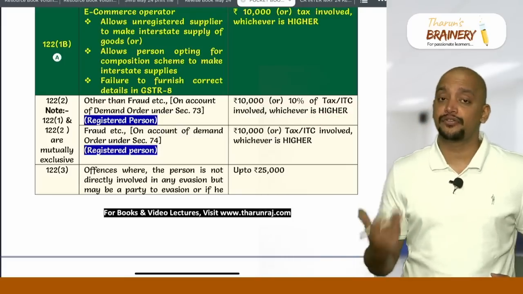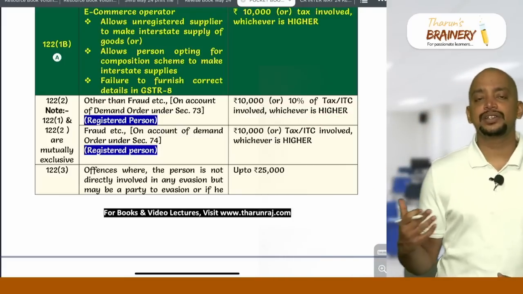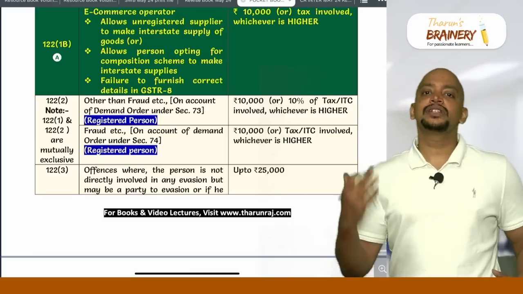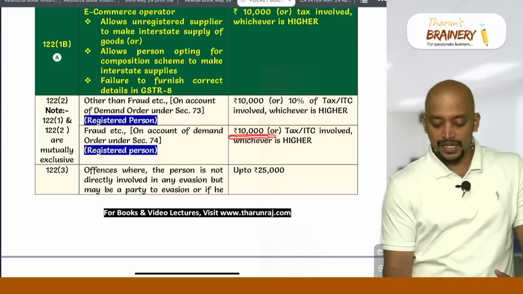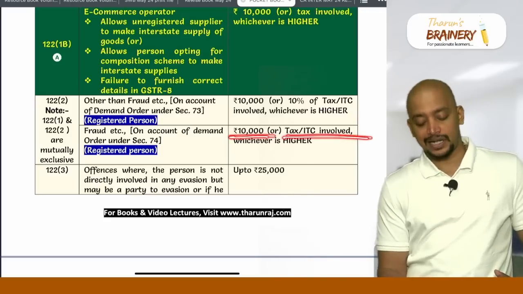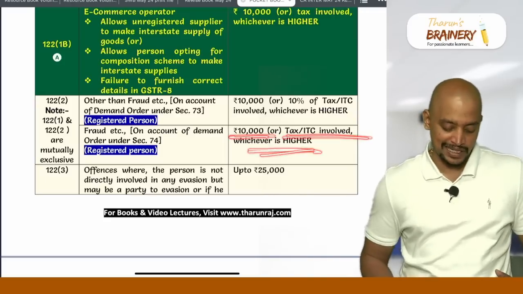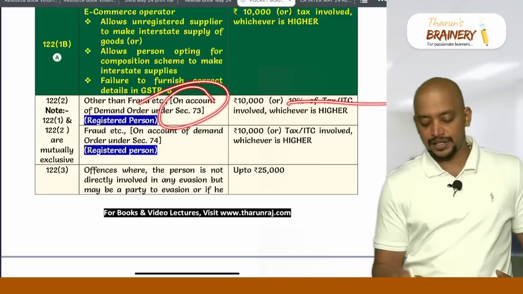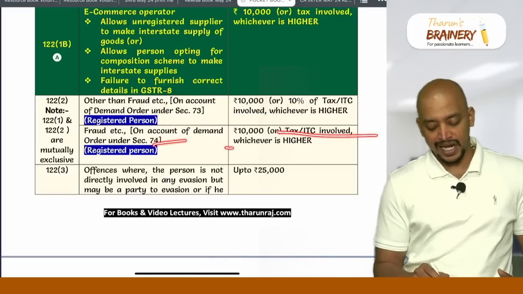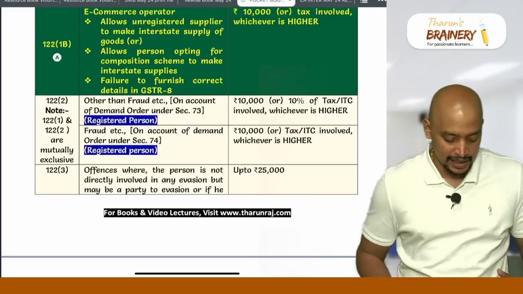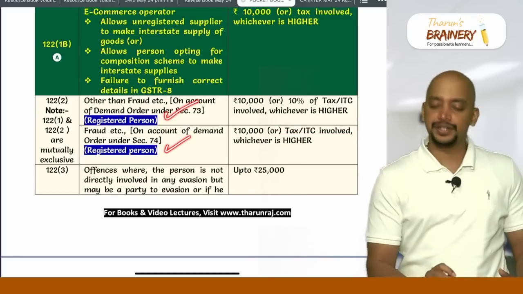Whereas if it is on account of fraud, so means the demand and recovery is initiated under section 74. So there is an intention to evade. In that case, the penalty will be 10,000 rupees or 100% of the tax or ITC, whichever is higher, will be taken. So 73, 10% of tax or ITC or 10,000, whichever is higher. 74, 100% of the tax or ITC or 10,000, whichever is higher. And these both penalties is on registered person.